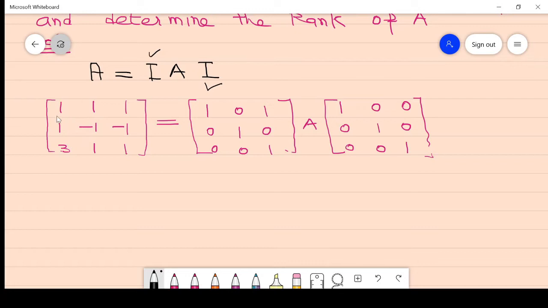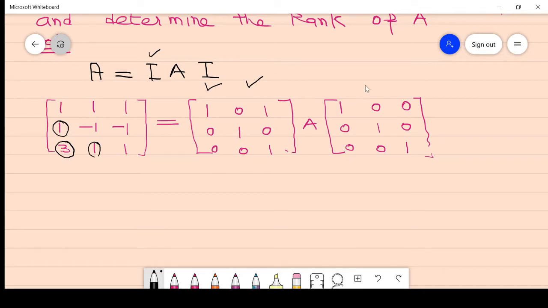Now my purpose is to convert this matrix into identity matrix. So first purpose is to convert this into 0 and then this into 0. After that this will be 0. That can happen only by row operations, and that row operation will affect only this matrix.